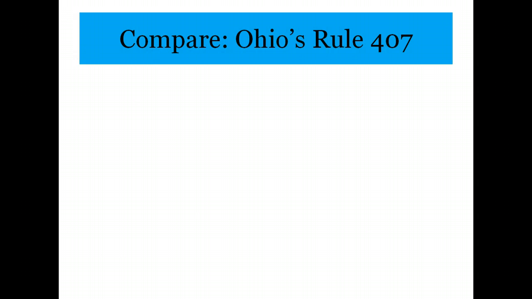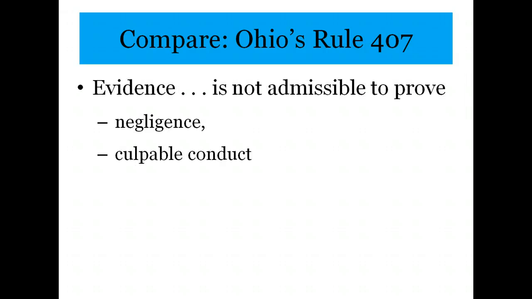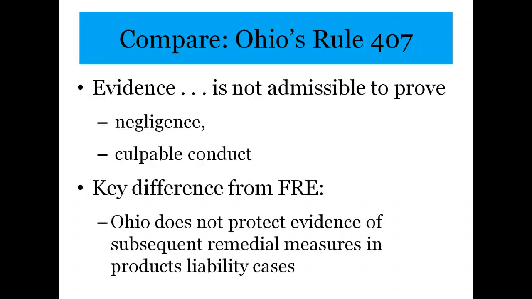Just as a side note, Ohio's rule is much more limited. It only covers evidence that is offered to prove negligence or culpable conduct. It does not reach products liability cases, but the federal rule of evidence does. And that's the one I want you to focus on for this class.